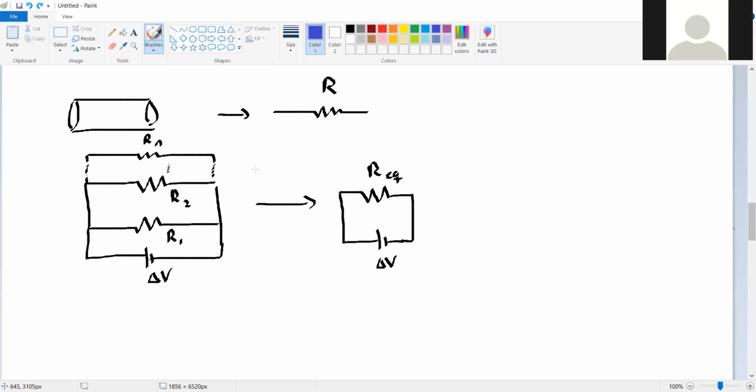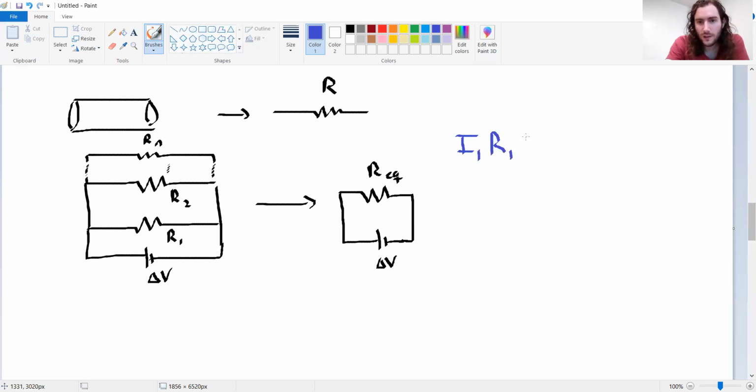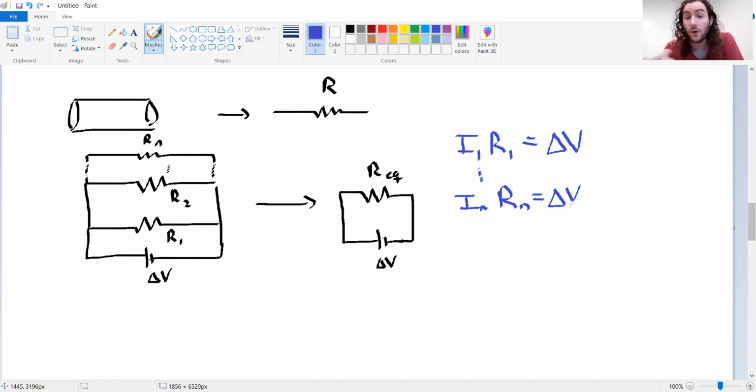Okay, so Req, what is it in terms of these other R's, R1 through Rn? Well, again, we said we share the same voltage, so I can write down Ohm's law for each of these resistors, but the voltage is the same. Of course, if the voltage is the same and the resistance is different for each resistor, the current through that resistor must be different as well, right?